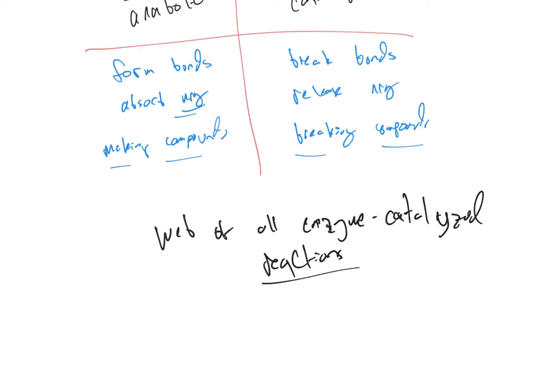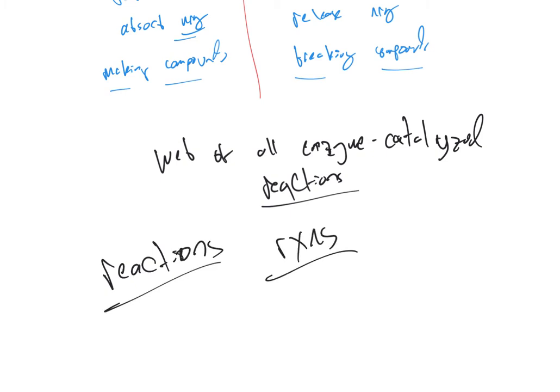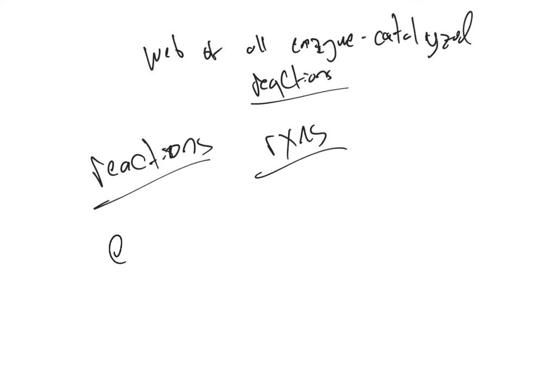I'm going to give you some note-taking skills here. When I write reactions, I'm only going to write RXS, and when I write energy, I'm going to write NRG. On the exam, full notes help you out.